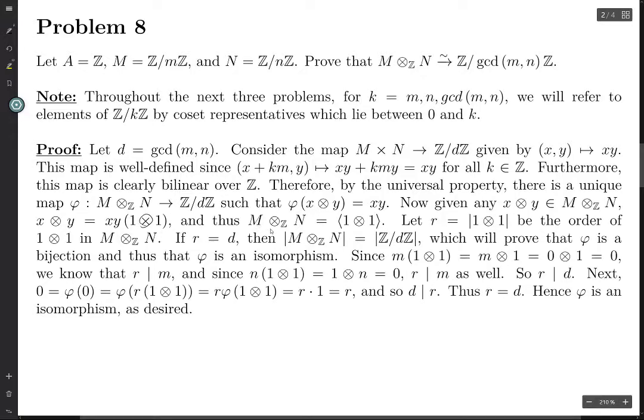Therefore, the tensor product of Z mod mZ and Z mod nZ is generated by this particular element, because any element in here looks like this and can be written as a multiple of this. So that's what that means. So let r be the order of this element.